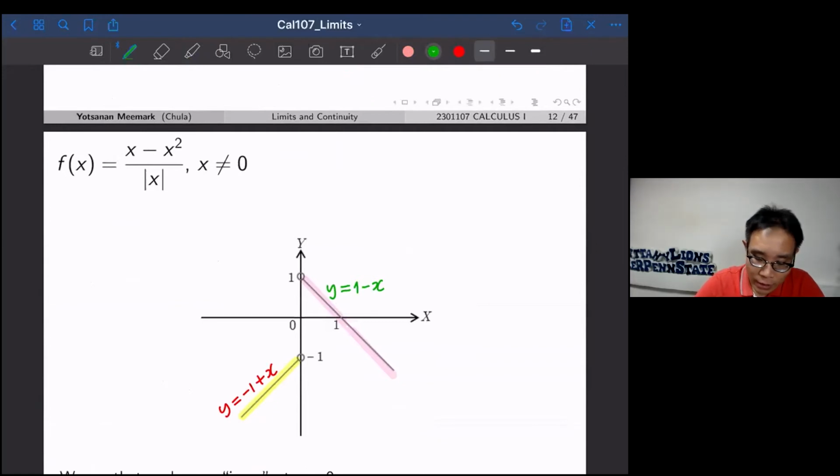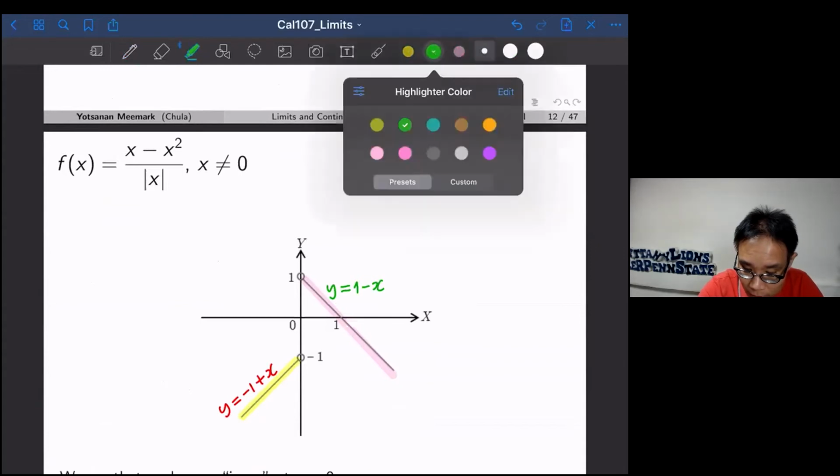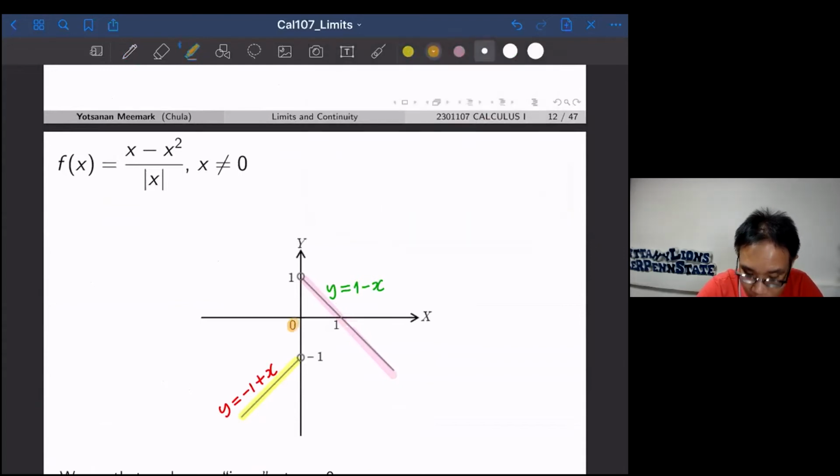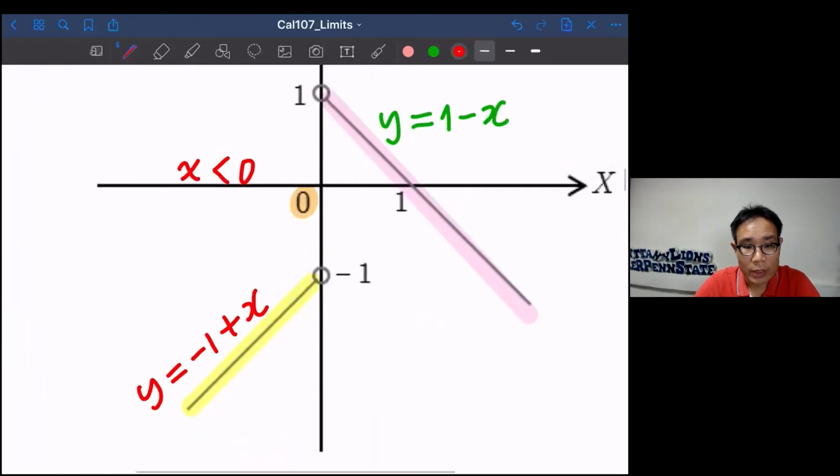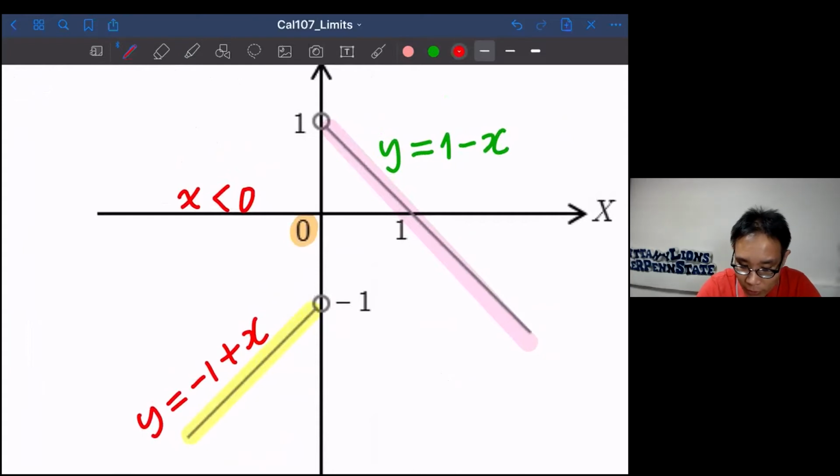And you see that you have two sides, with 0 in the middle here. I'm going to highlight with the color orange. So you have 0 in the middle, x less than 0 on the left side, and x more than 0 on the right side.